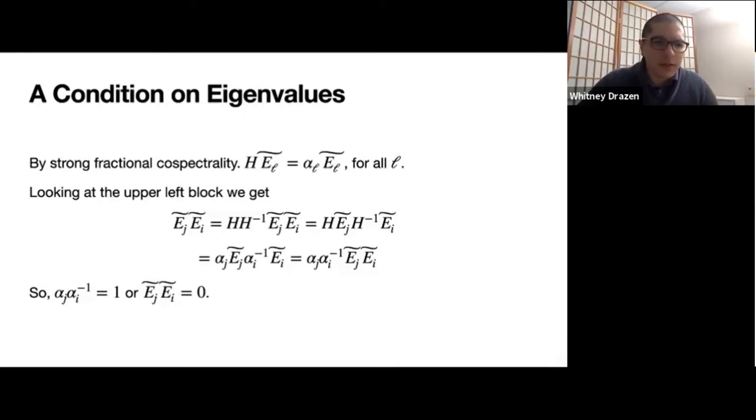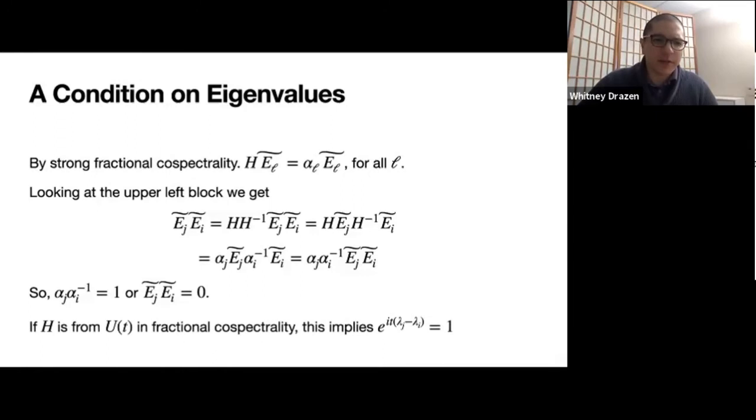So basically, if we apply this to the matrix coming from fractional revival, then our alphas are necessarily e to the i t lambda j and e to the negative i t lambda i, and so those multiplied together must be equal to 1.